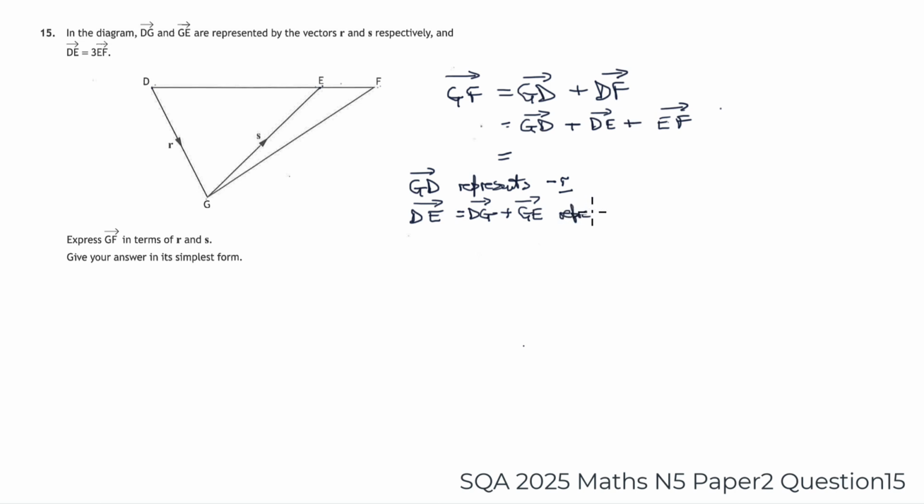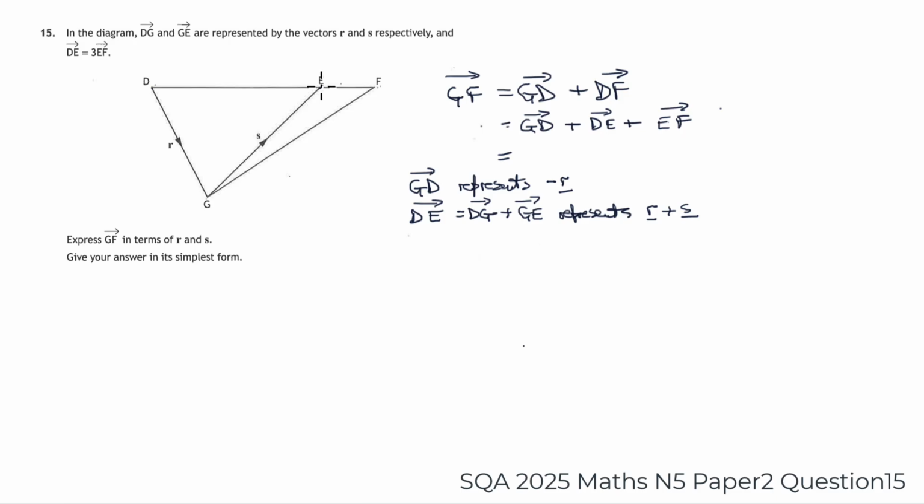Well, we know what that represents. Travelling from D to G represents R. There's no ouch, we're going with the arrow, plus or followed by S. So that represents R plus S.